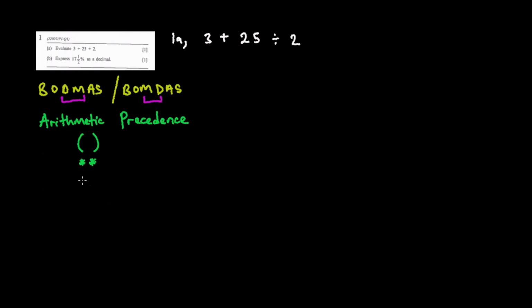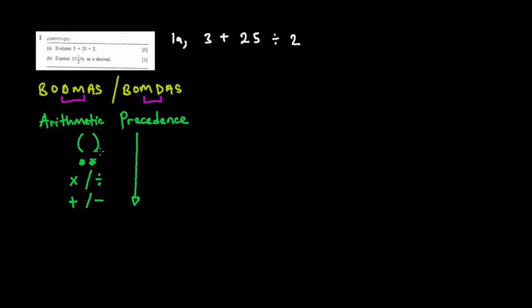Then from there, we go to either multiplication or division. We can start with any operation here. You can multiply first before you divide, or divide first before you multiply. This is why we have DM here, and here we have MD. Then lastly, we either add or subtract. So this is arithmetic precedence.